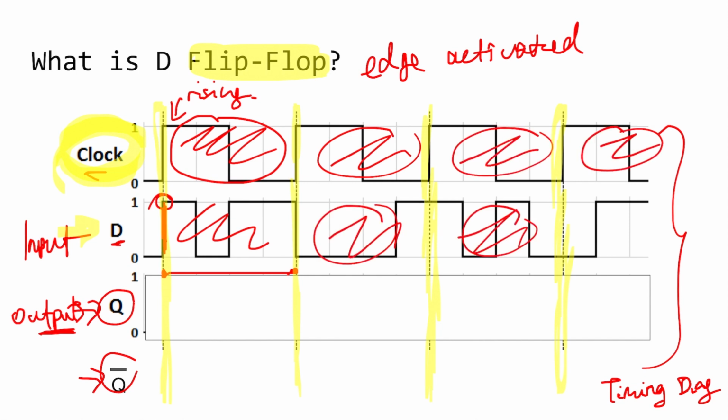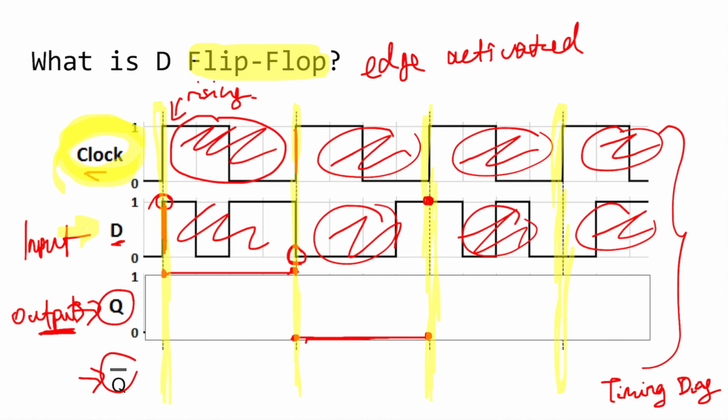This part is the same. So until the next part over here, we're going to check again, because this is the rising edge again. We're going to check at the input D again. Now it's at 0. So this part over here would be 0. Okay, until the next rising edge.